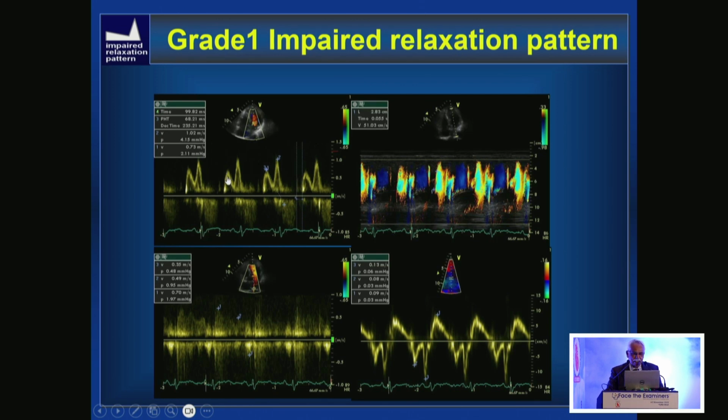This is the typical E wave, which is smaller than the A wave, and here the E velocity is decreased in the tissue Doppler from the septal mitral annulus. In the pulmonary vein, the S velocity is higher than the D velocity. So this qualifies for impaired relaxation.